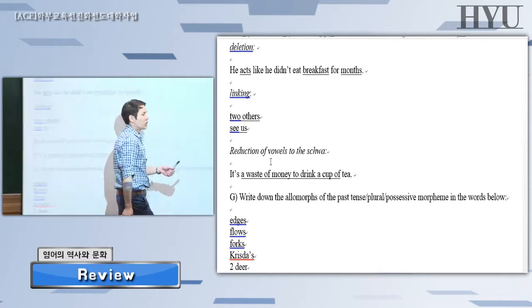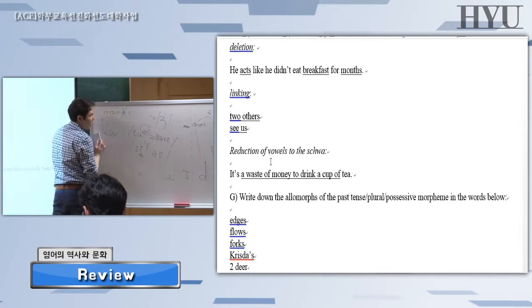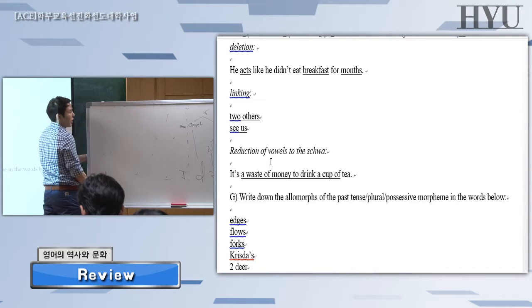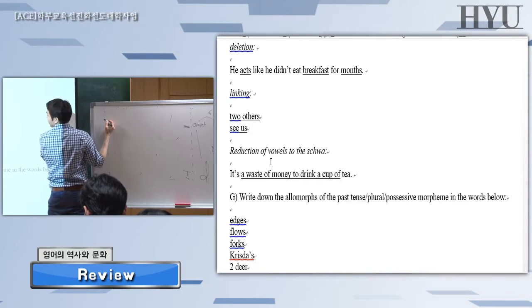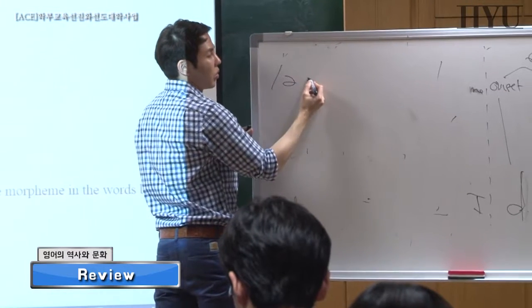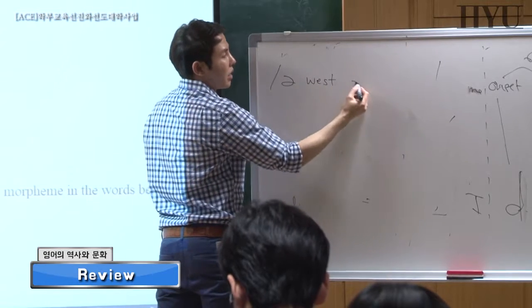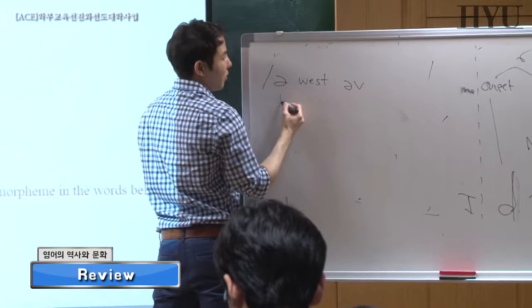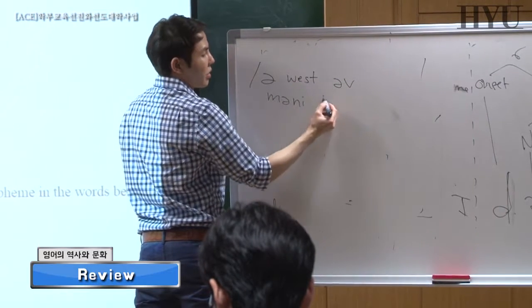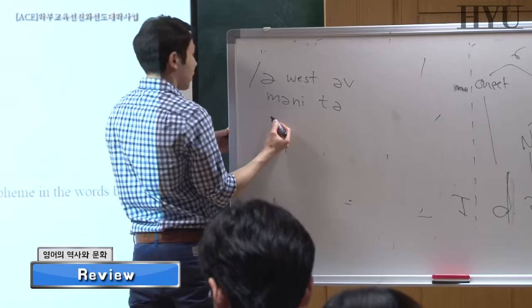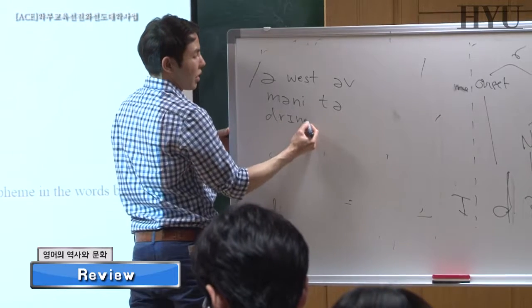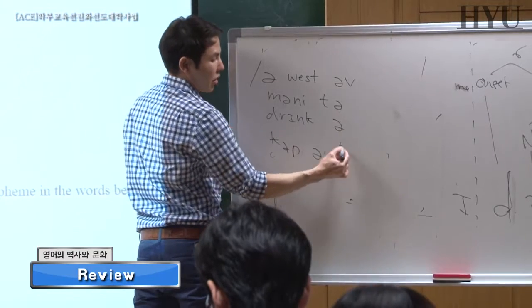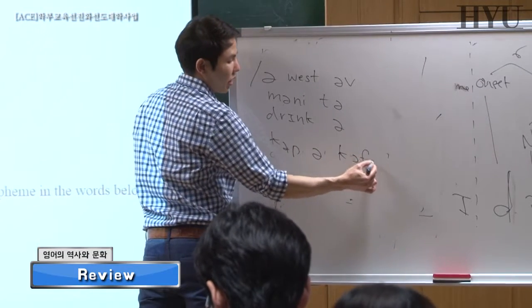Okay. So if we write it out, all the unimportant words, like, what is it? A waste of money to drink a cup of coffee, like this.